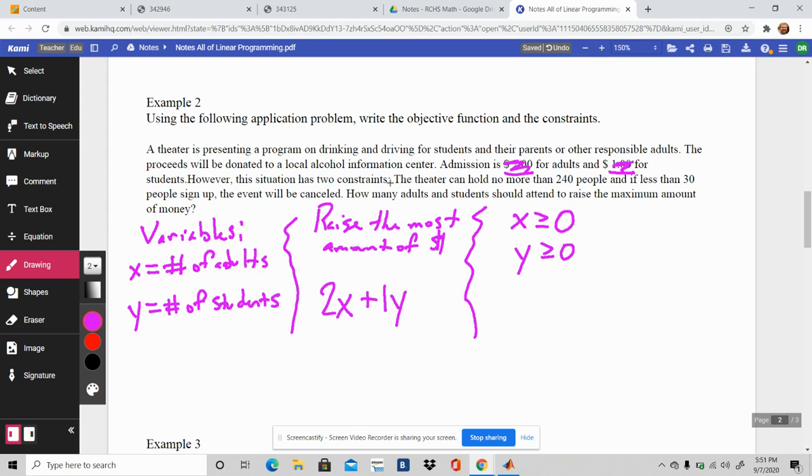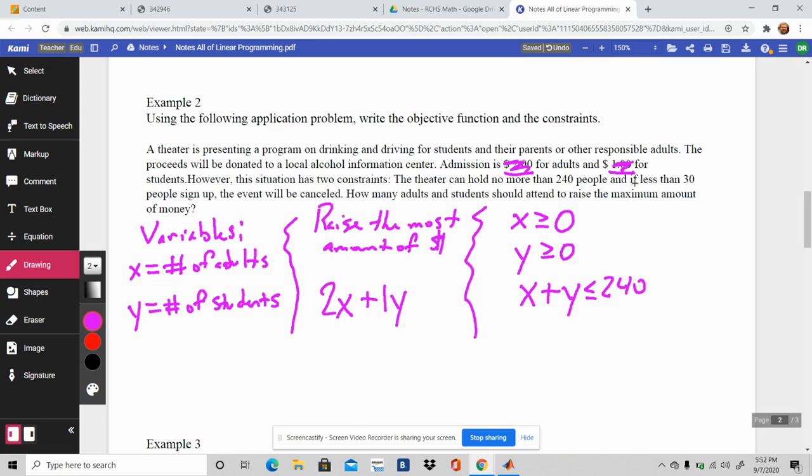However, this situation has two constraints. They're nice in this problem, they're telling us that there are two constraints. That won't always happen. The theater can hold no more than, so no more than. If x is the number of adults in attendance and y is the number of students in attendance, together there can't be any more than 240 people. So there could be less than 240 people, or equal to 240 people.